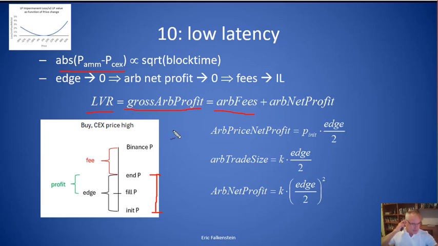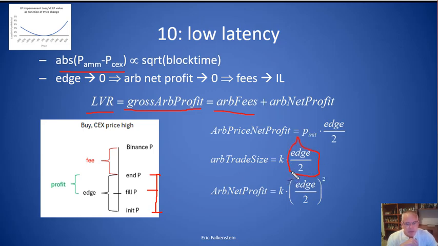But it's just because this edge, this profit, is basically the trade size times the price deviation, right? And what's the price deviation? Well, it's the edge divided by 2, because your fill price is in the middle between your initial and ending price. And what's the ETH amount traded? Well, it's also a linear function of edge divided by 2.